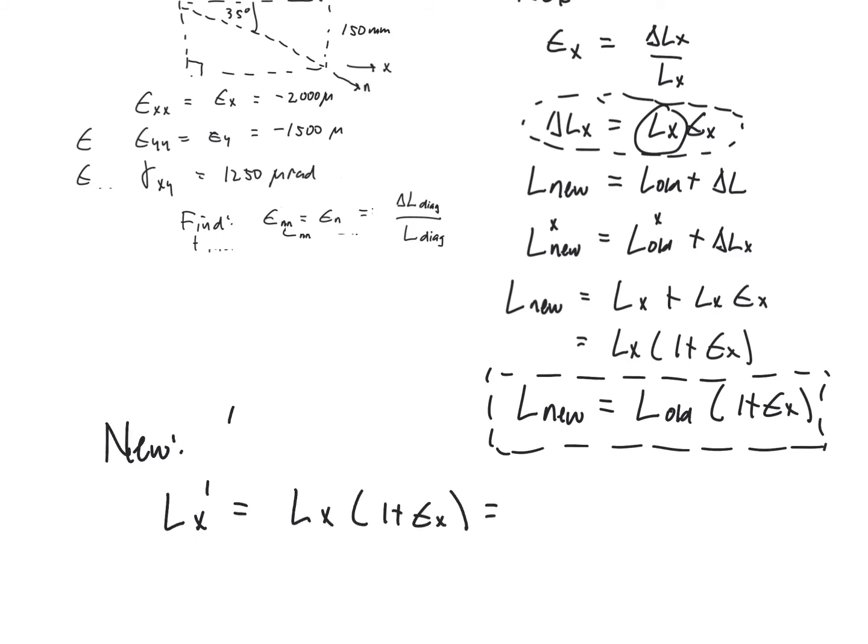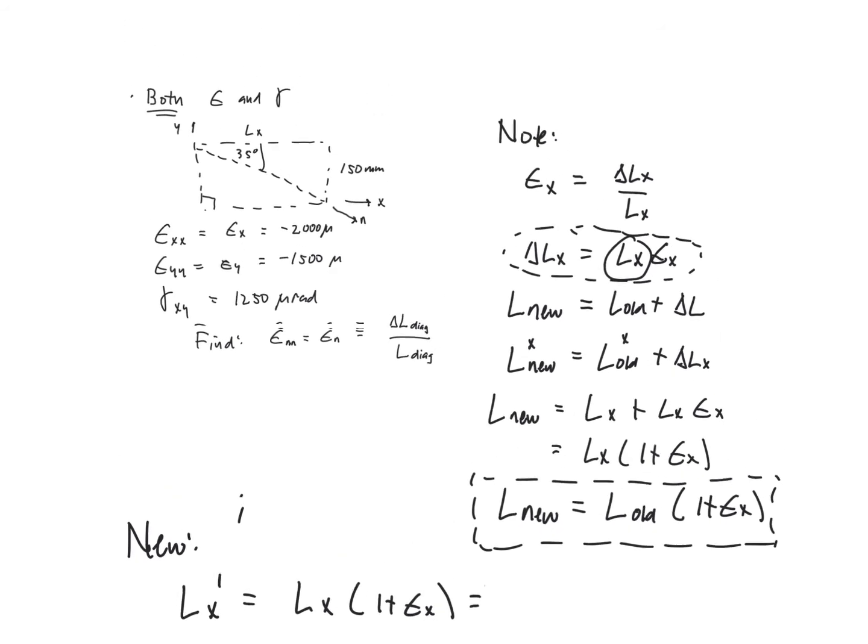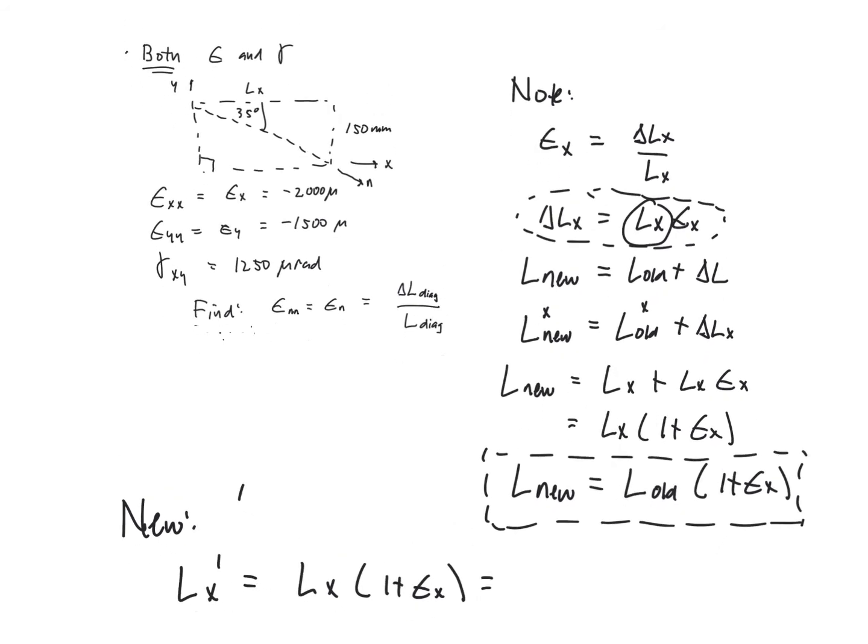So that would be the length in the x, which I don't think we've calculated yet, have we? No, we didn't do that. We might want to write then that up here 150 opposite over adjacent over Lx is going to be the tangent of 35 degrees. So that means that Lx, the original one, is going to be 214.22 millimeters.